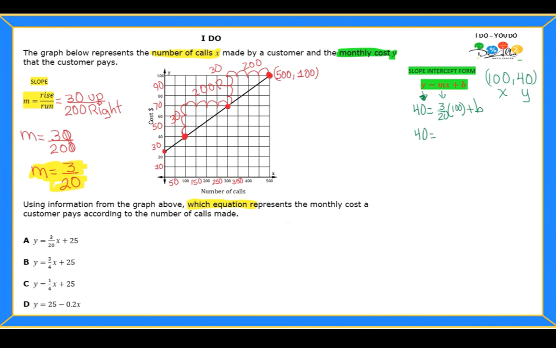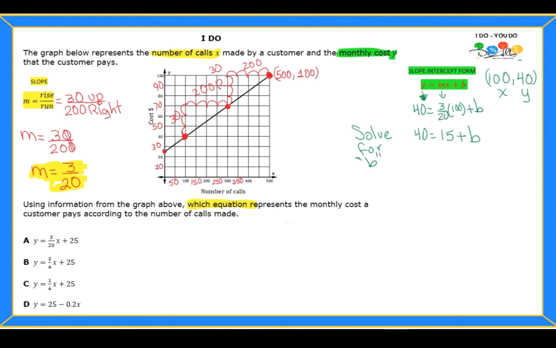So now I'm going to multiply 3 over 20 times 100. That will give me 300 over 20, and I get 15 plus b. Since I want to solve for b, remember, we want to solve for b, then I need to get rid of the 15.